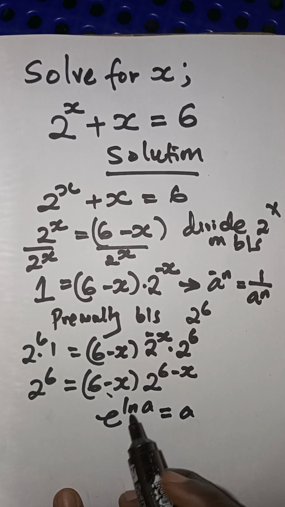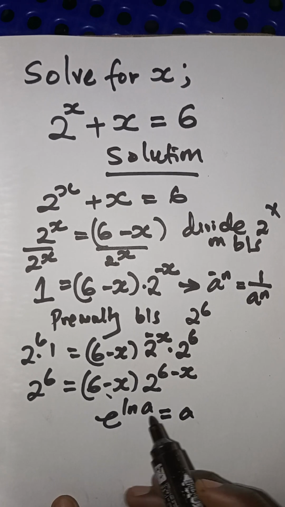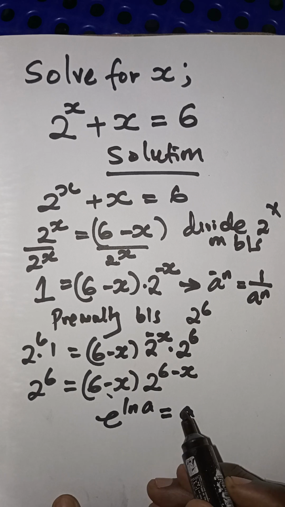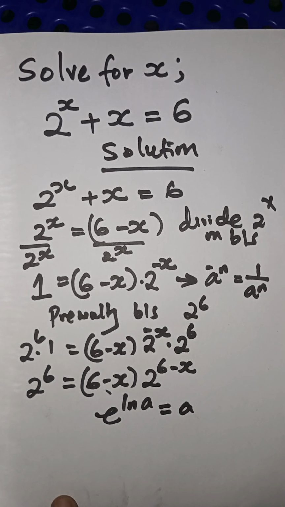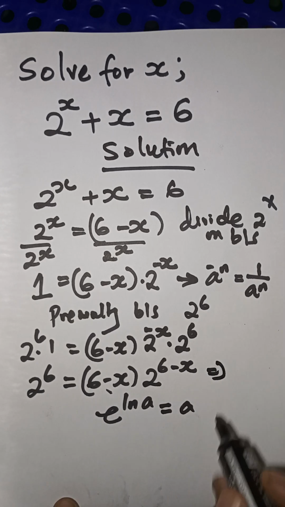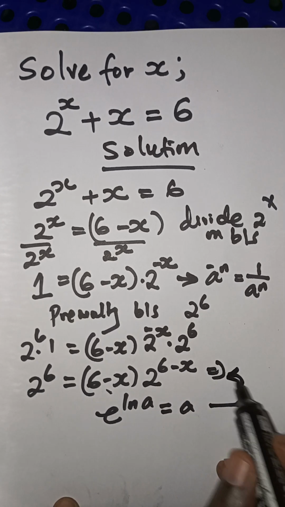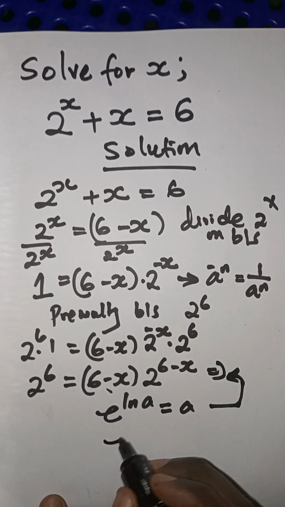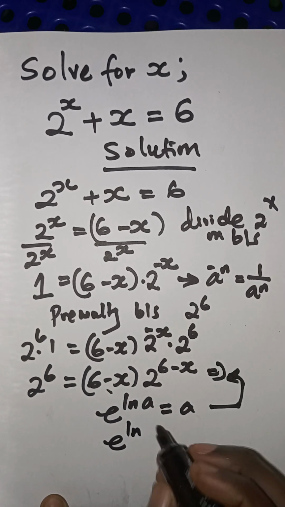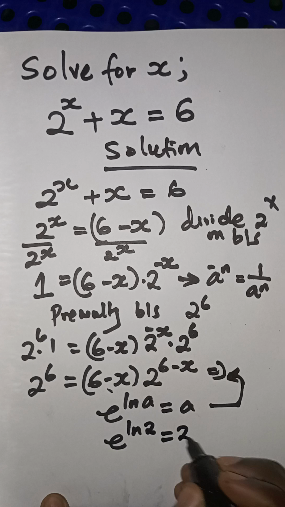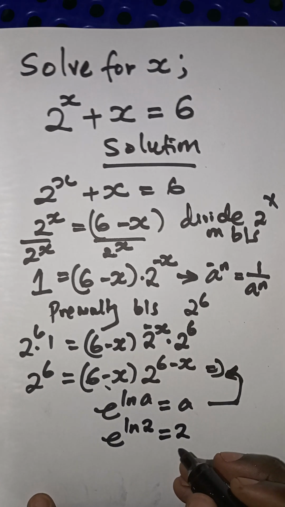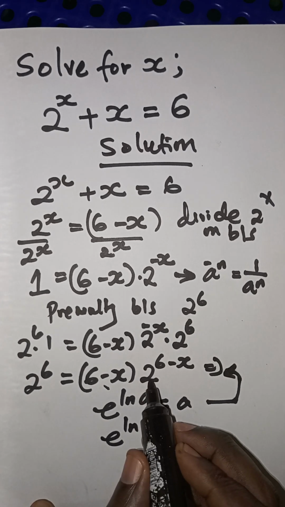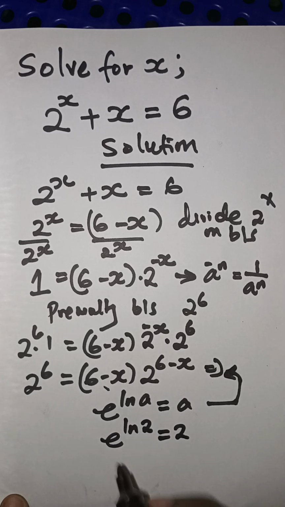Since the exponential of a natural log of any number is the same as that number, I'm going to introduce this factor at this particular point, so that the exponential to a natural log of 2 is the same as 2.